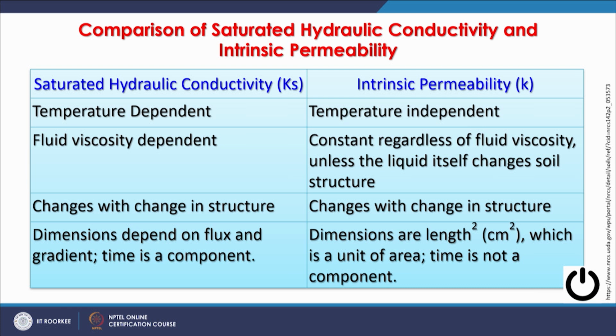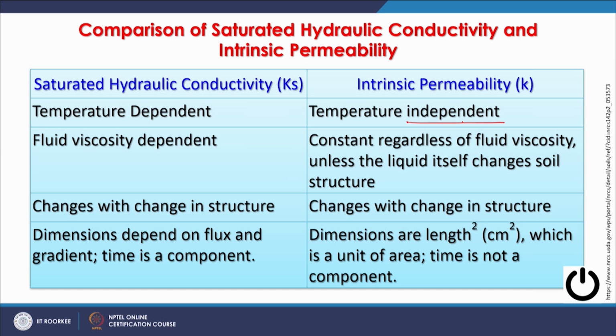If the fluid is polluted water or something else, then there might be a change. So, it is temperature independent and viscosity independent, and changes with change in structure. Both change with structure, meaning depending on the pore spaces, interstices, gaps, fractures and so on.